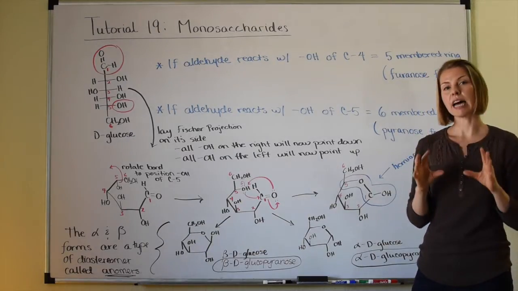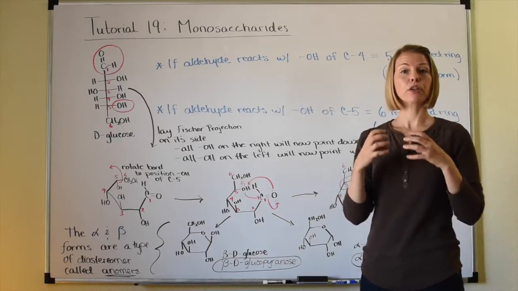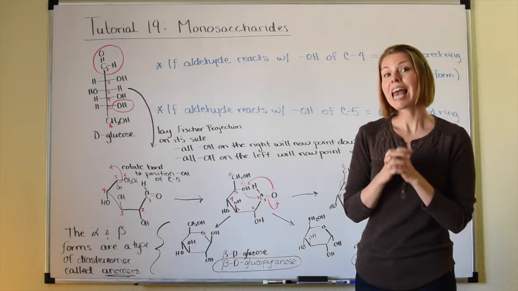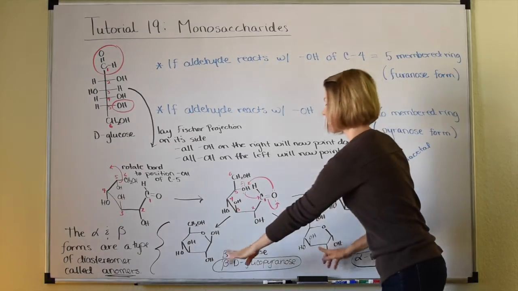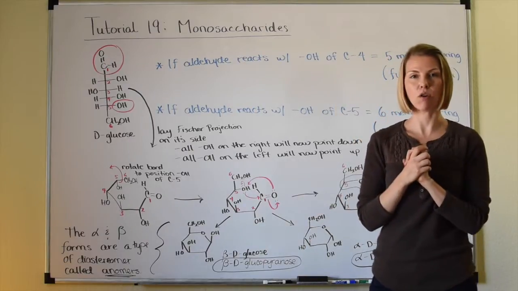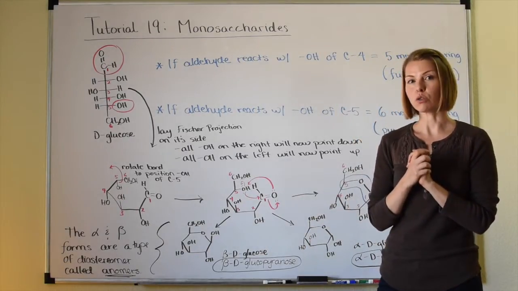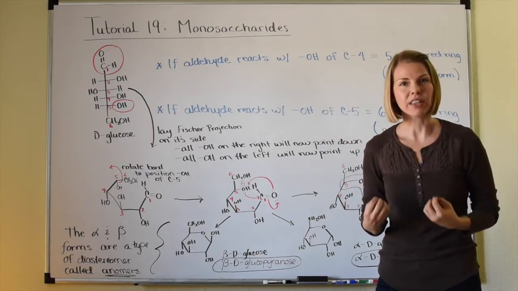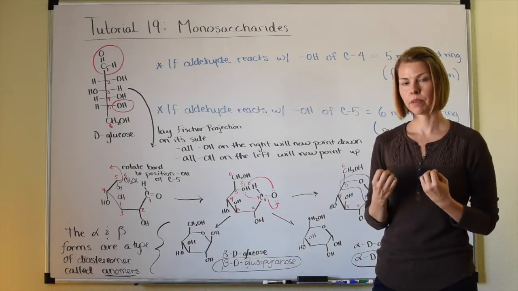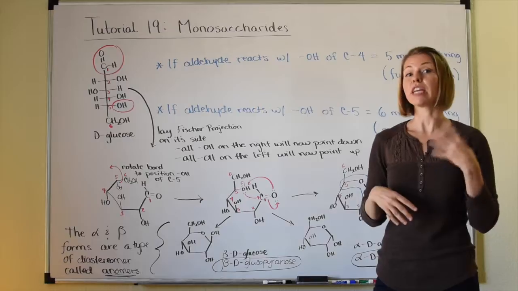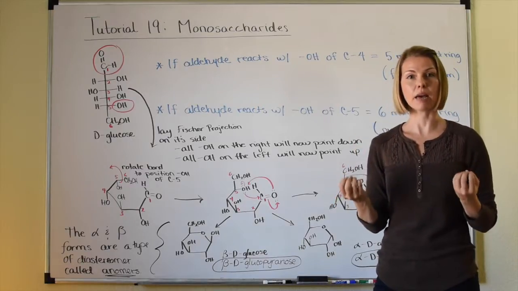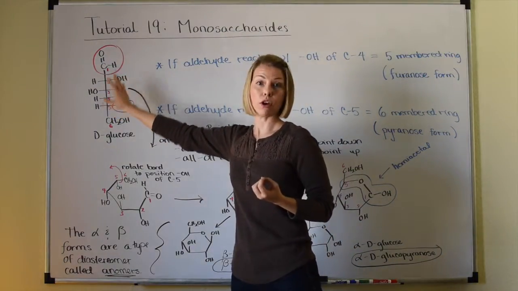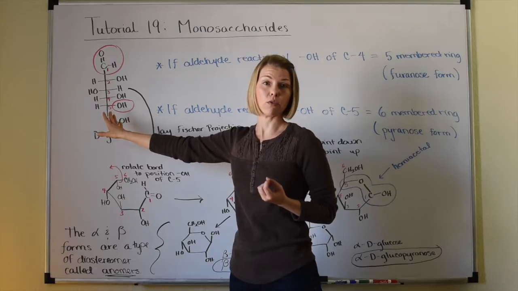Last but not least is that in the pure crystalline form, glucose and other monosaccharides will exist entirely in the cyclic hemiacetal form. In an aqueous solution, which is how a monosaccharide will exist within a living organism, they are found in both the alpha and the beta cyclic hemiacetal forms, as well as the open ring, straight chain, acyclic form.